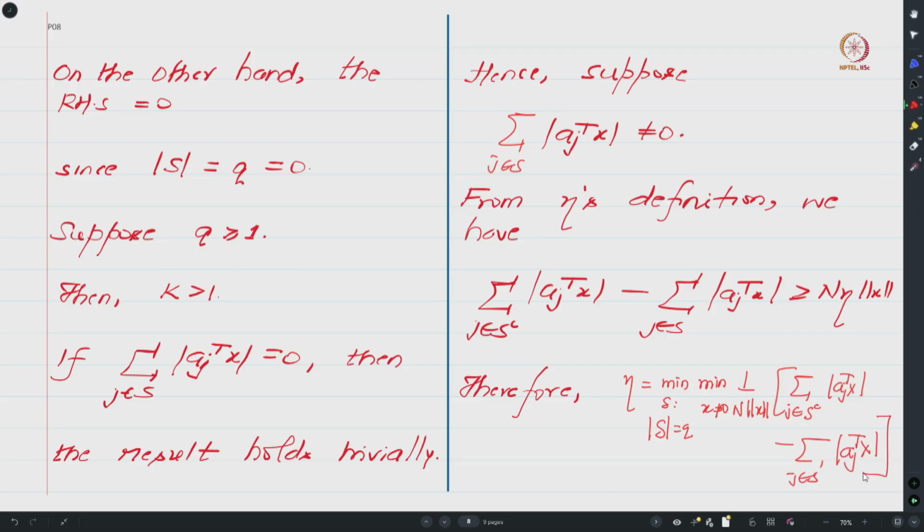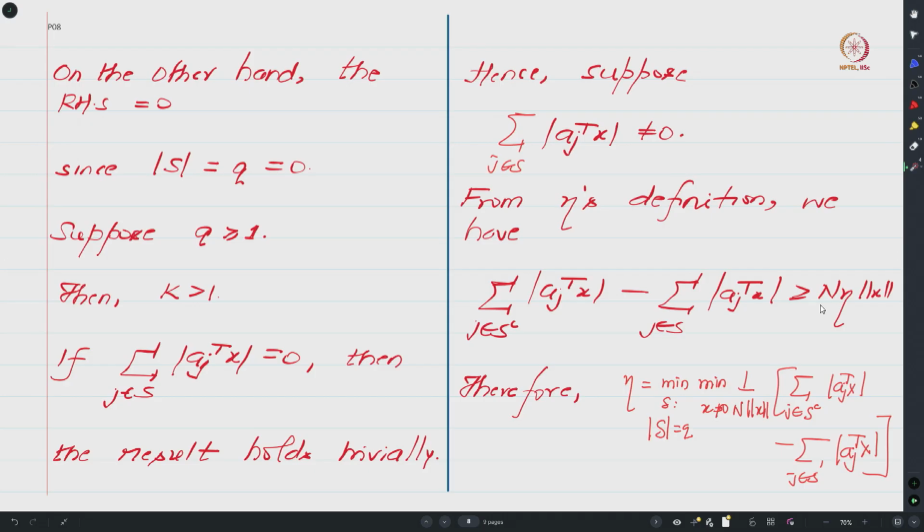So this is the definition of eta. Since eta is the min of all those quantities, if you pick an arbitrary S, this expression that you have over here will be bigger than eta.